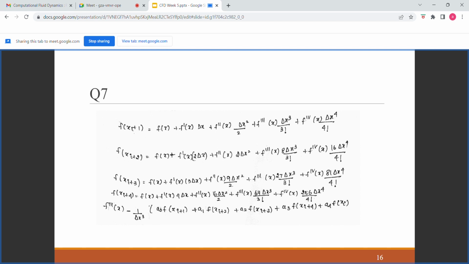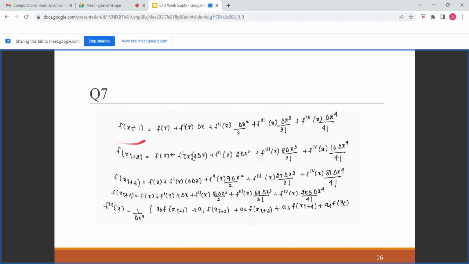We know that f of x plus delta x is f of x plus f dash of x delta x, f double dash of x delta x square by 2, and f triple dash of x delta x cube by 3 factorial plus f fourth derivative of x into delta x power 4 by 4 factorial.